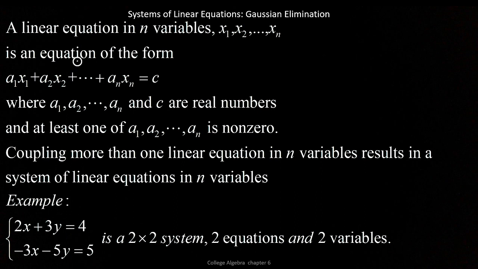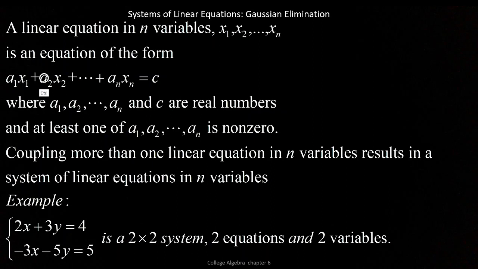Now, a linear equation is basically an equation where all the variables are to the first power, right? So it has a structure like this. There are some coefficients like a1, a2, a3, all the way to whatever number you have, and whatever number of variables we have. And then variable number 1, number 2, number 3, and so forth. Now, you can name them differently.